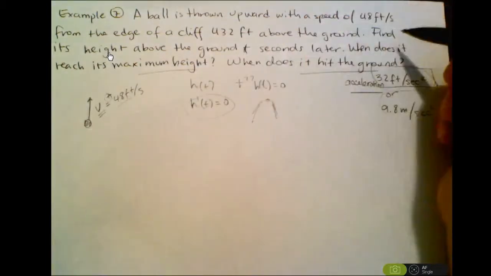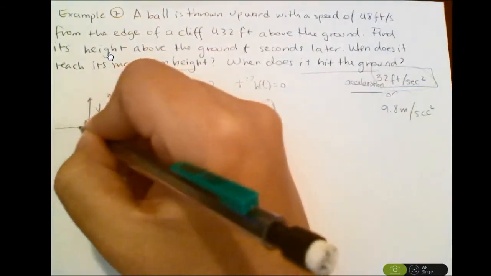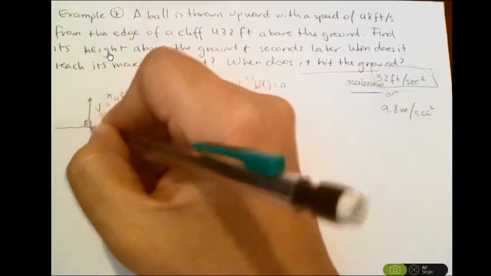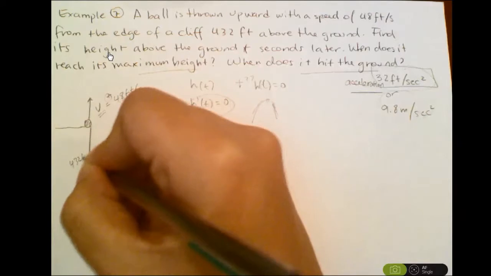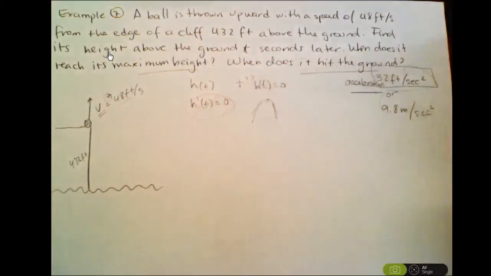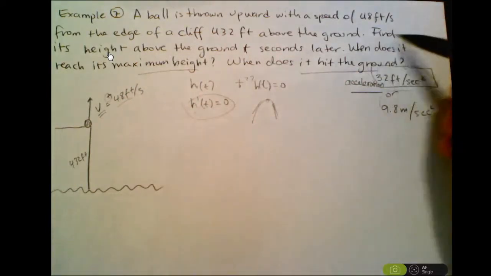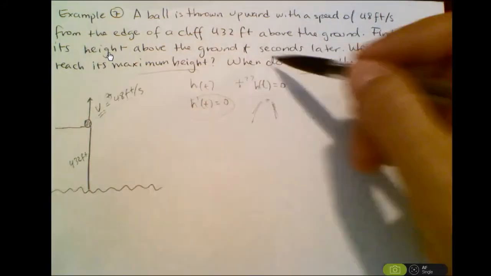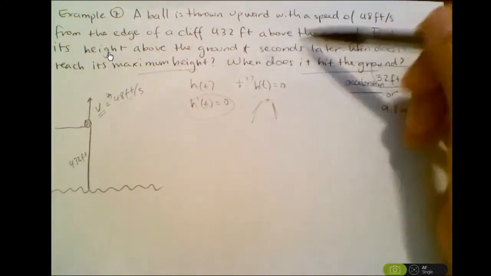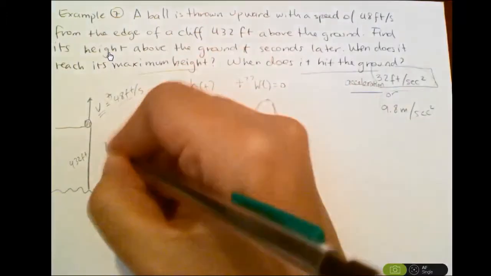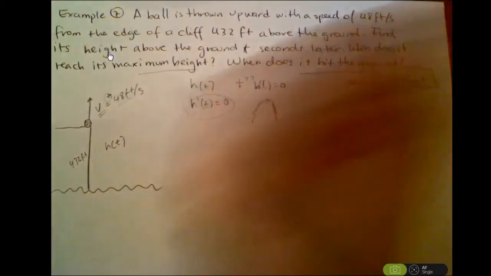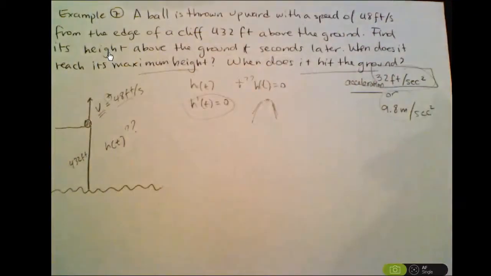From the edge of a cliff 432 feet above the ground. So this ball is going up from the cliff, which is 432 feet, and this is the bottom of the cliff. It says find the height above the ground t seconds later. So they are asking me for h of t. What is this function h of t?